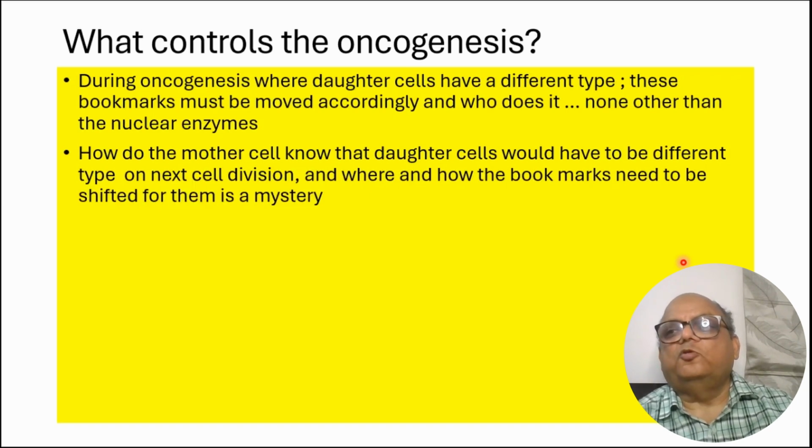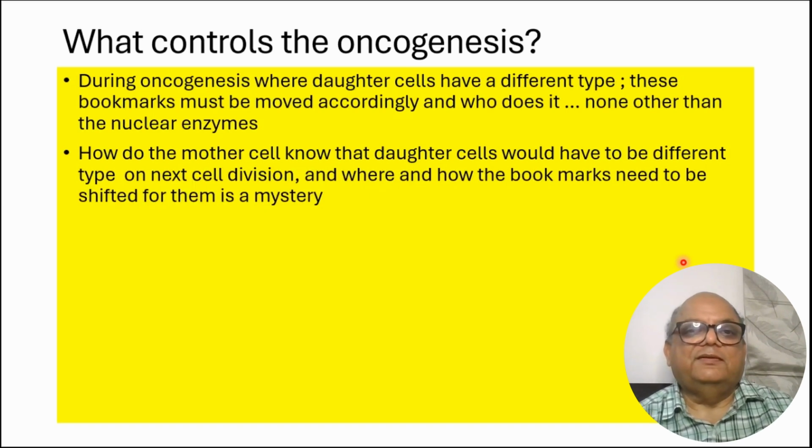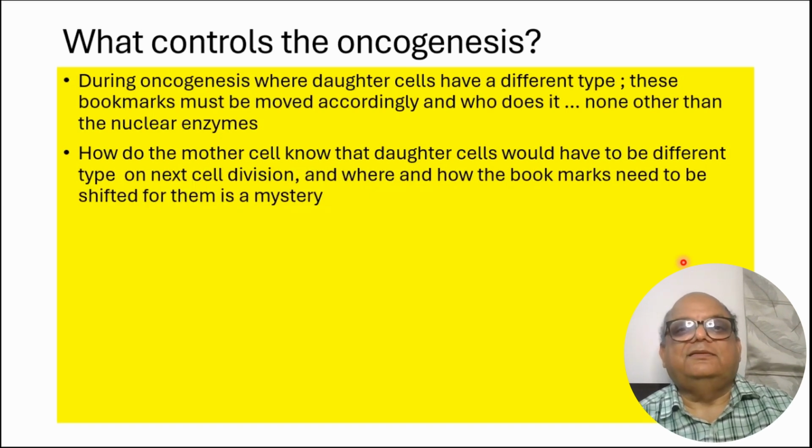And where and how do the bookmarks need to be shifted? Which are the next set of genes which have to be expressed and which genes shall be suppressed hereafter? Now, that is a mystery, that is a gray area. But nuclear enzymes are said to be doing it somehow. But that somehow is very, very robust and very, very repeatable.